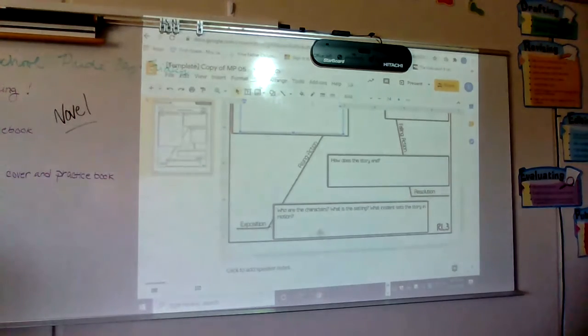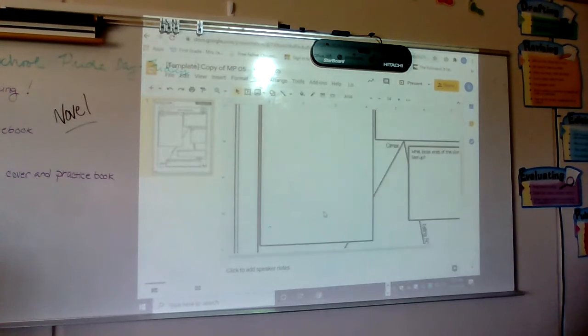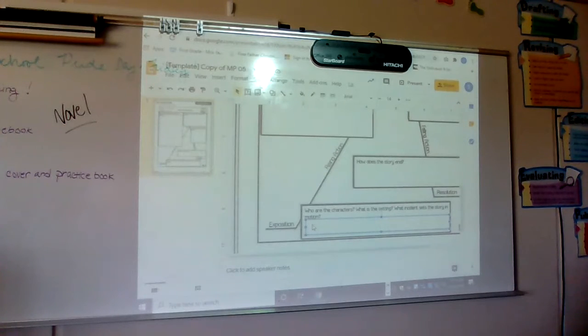So what would you say would be the exposition in this story? What parts of this story are the exposition? JT? The characters, Herbert, Mr. and Mrs. White. Okay, so Mr. and Mrs. White.